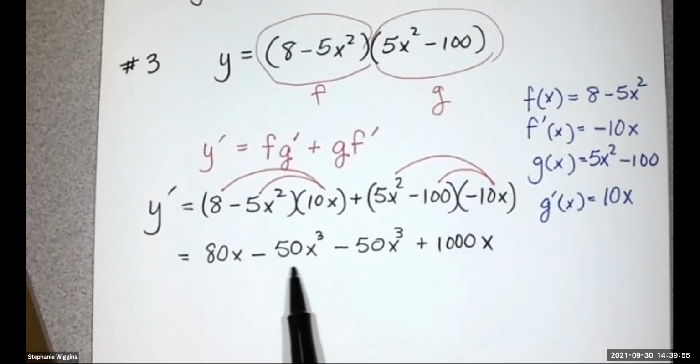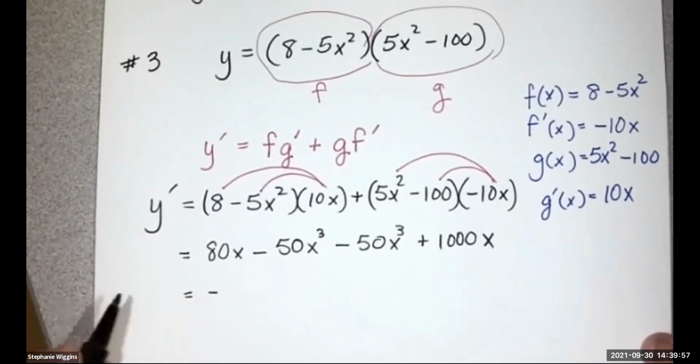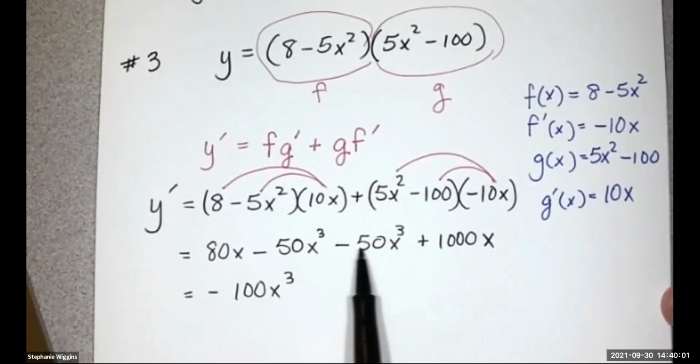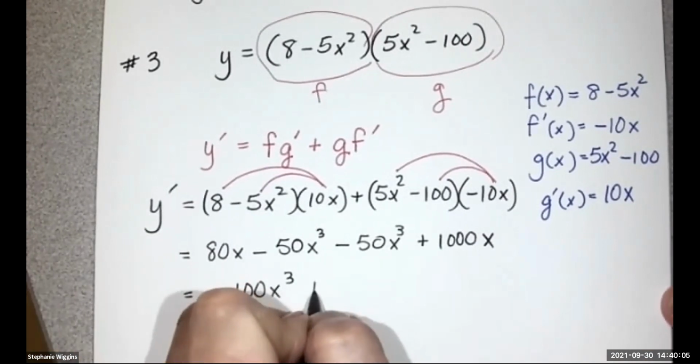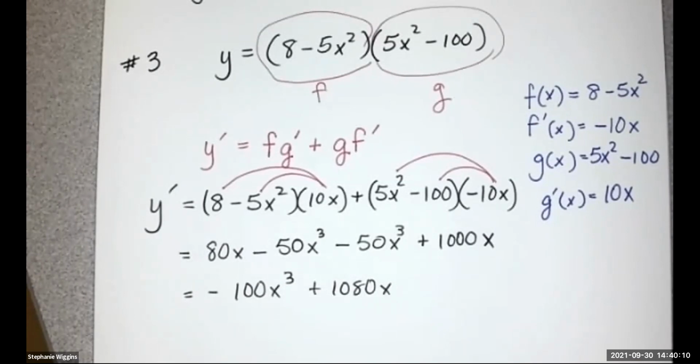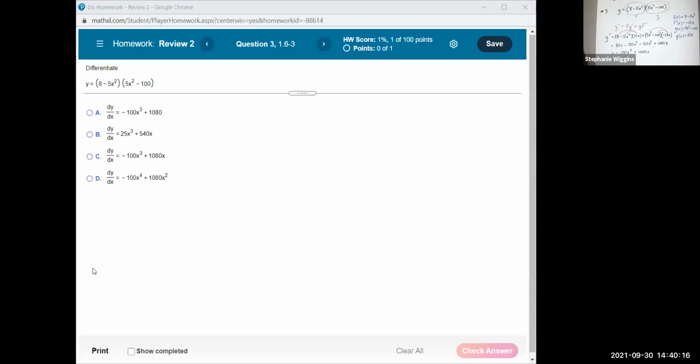So we have negative 100x cubed, that's right here. And then we have 1080x. Looks like C is the correct answer.